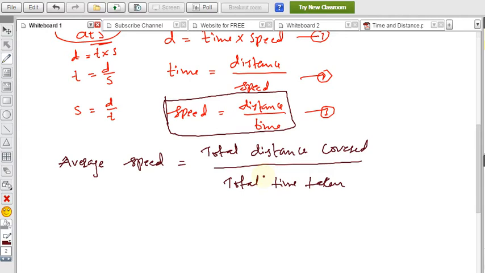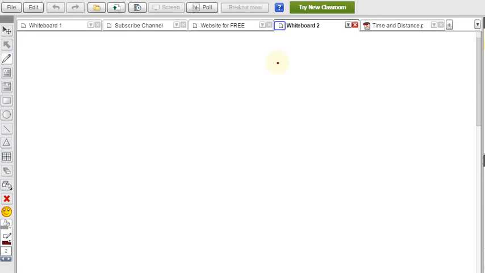Now I'll explain first of all the important points, which are nothing but simple formulas from this time and distance. Then after discussing the formulas, we'll see one example paper.